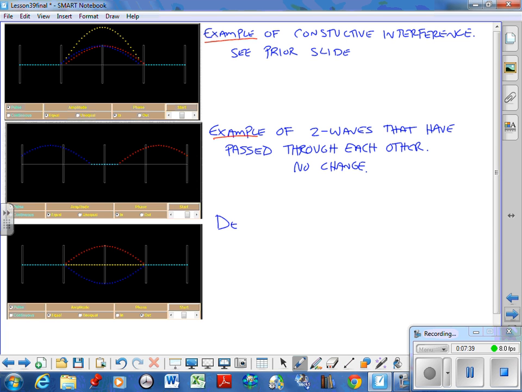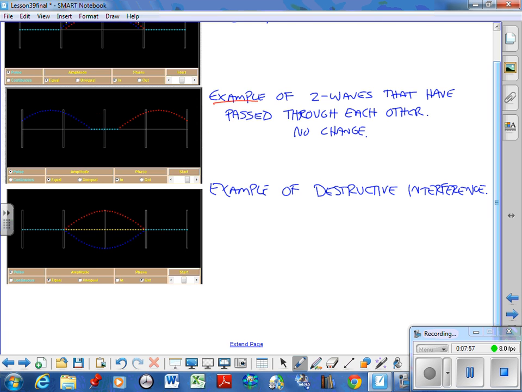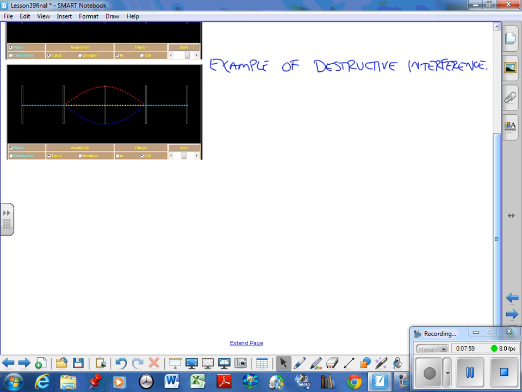An example of destructive. So example of destructive interference. And when you look at it, you can say technically the blue wave has negative amplitude.